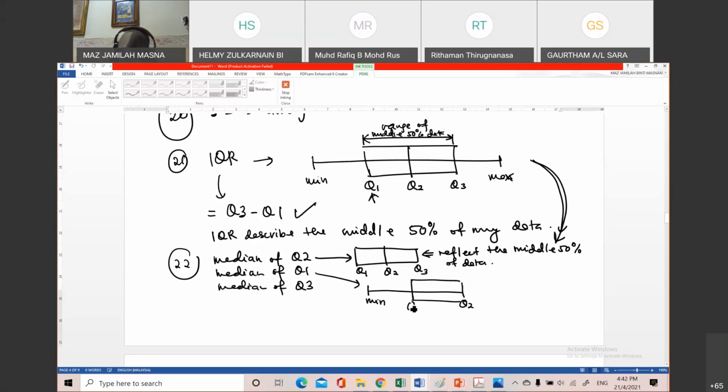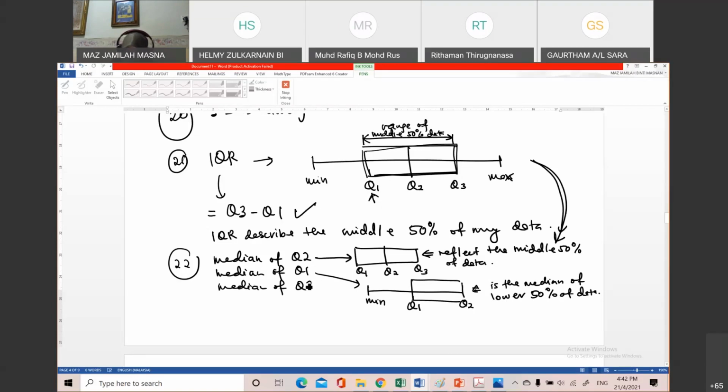And this is your Q1. So what is Q1 here? Q1 is the median of the lower 50% of data. Understood, class? So just now is the middle 50%.